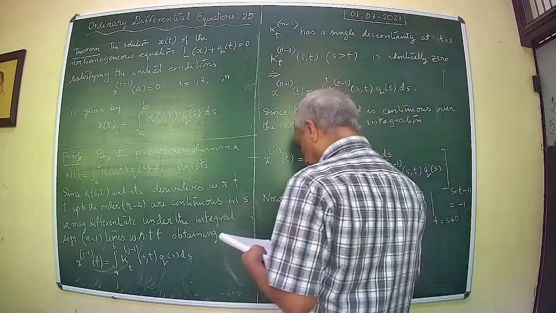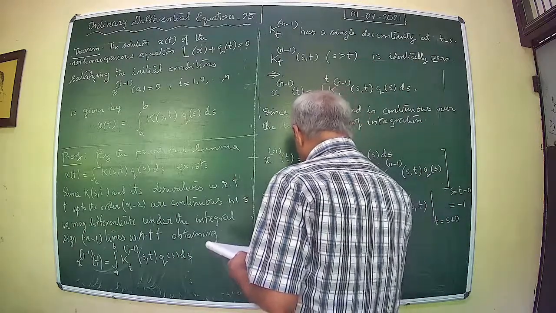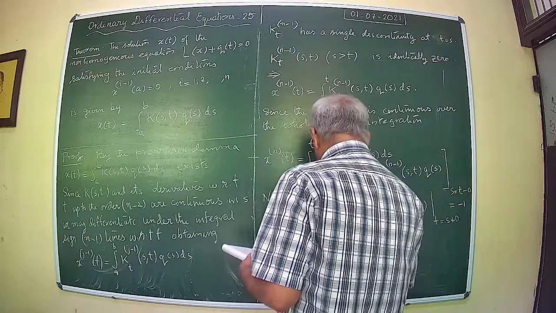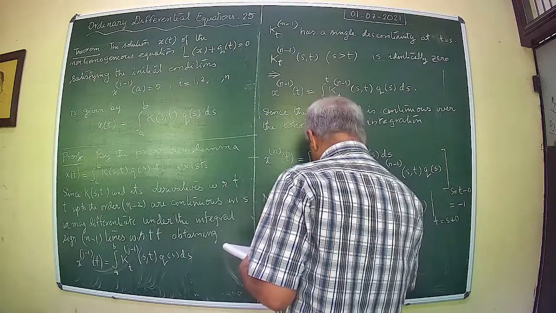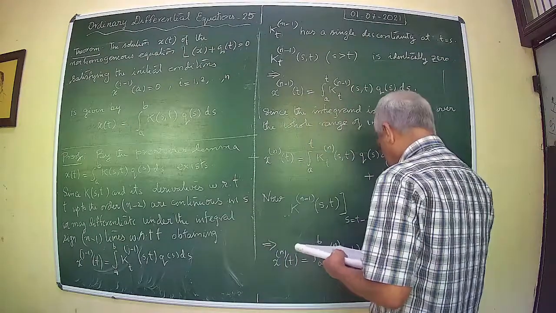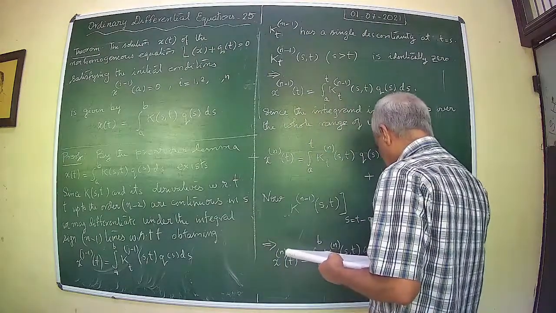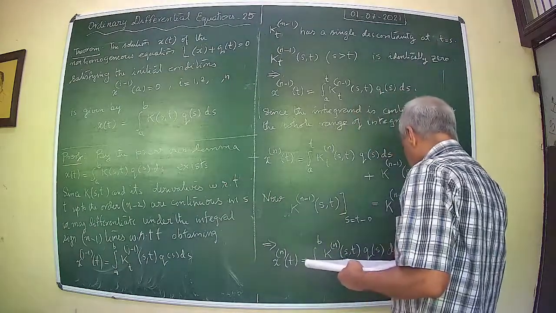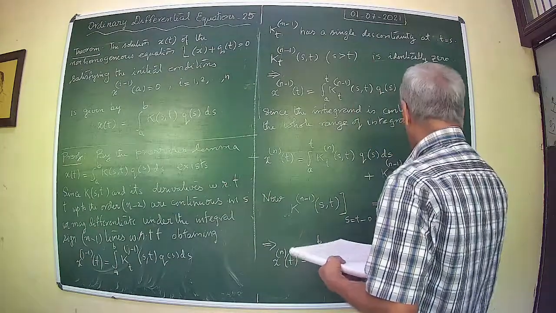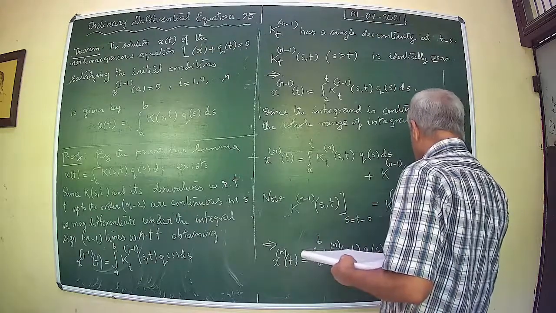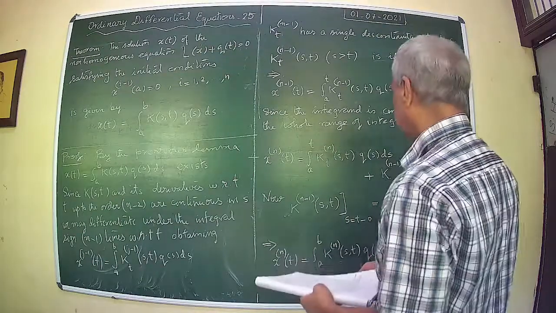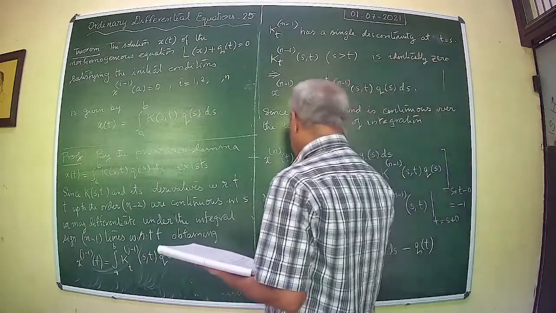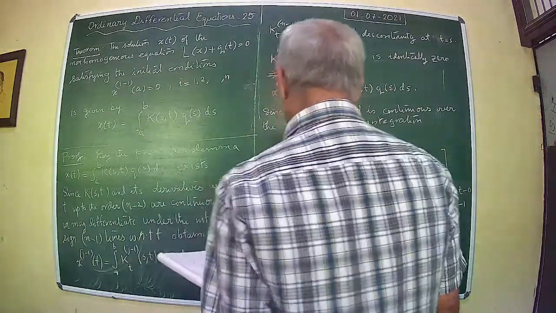So I can replace this by a to b. q(t). So we have calculated the nth derivative.